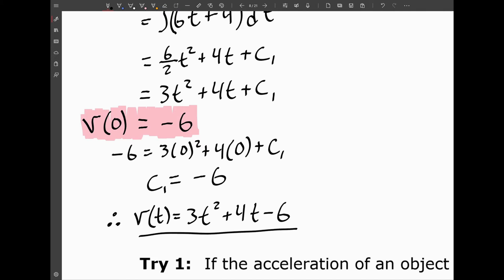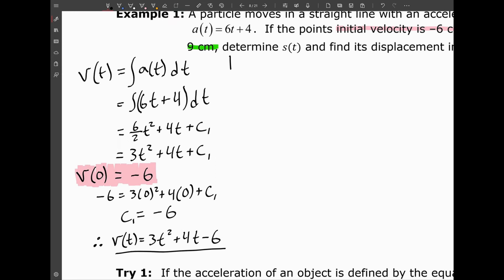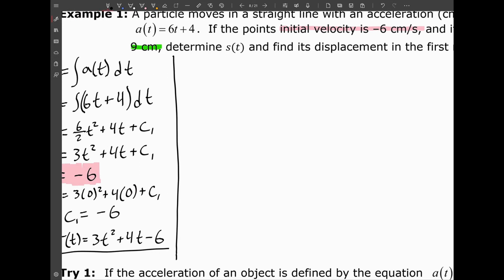Okay, so we've got one piece of our puzzle figured out, the velocity. But really, that's not what this question is asking for. It's asking for position. So to get to position, we know s of t will be the antiderivative of v of t with respect to t.